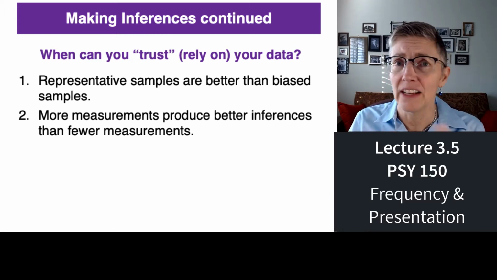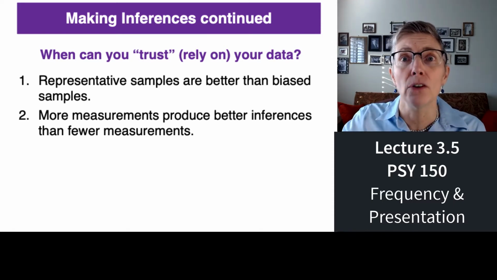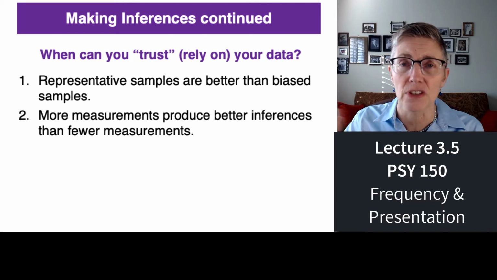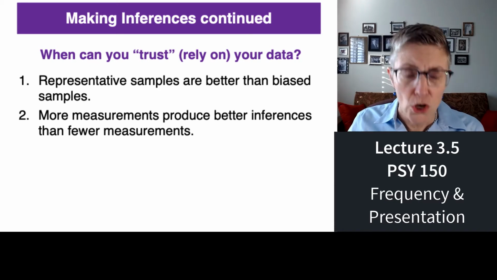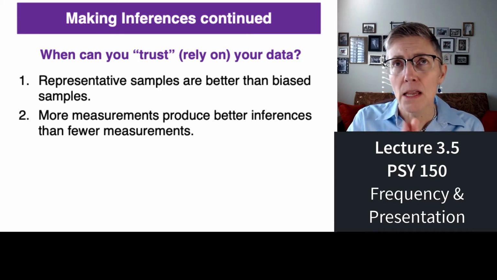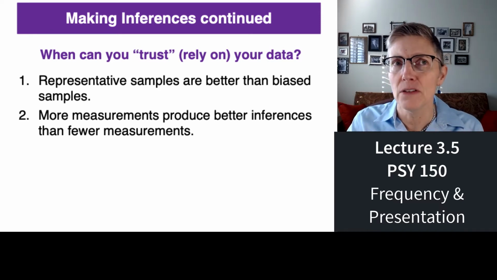You're only studying people in nursing homes. So it's unlikely that you'll be able to generalize or extend your research results from a nursing home to, say, kids in high school, right? So picking good populations, representative samples from populations, that's really important in your ability to trust your data.